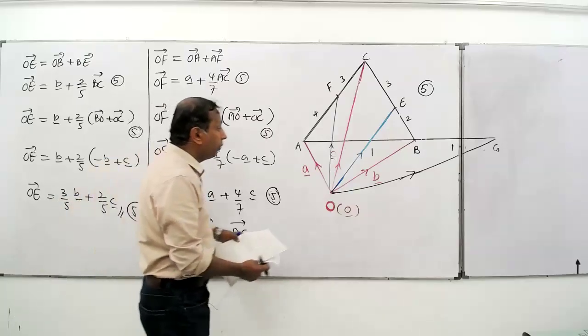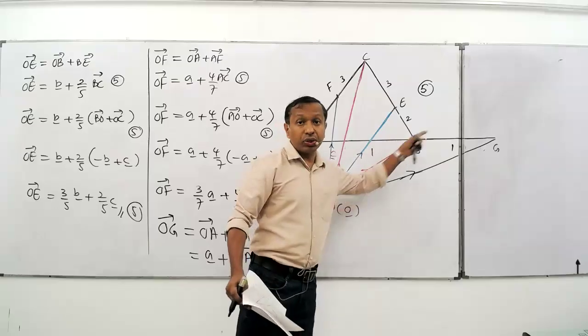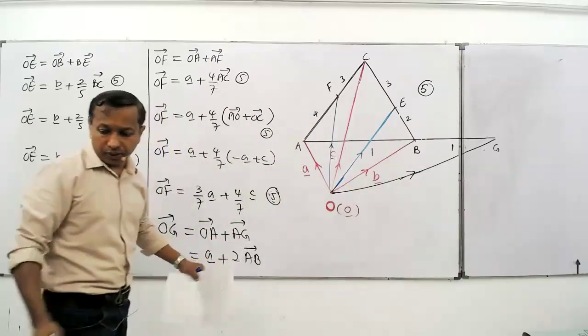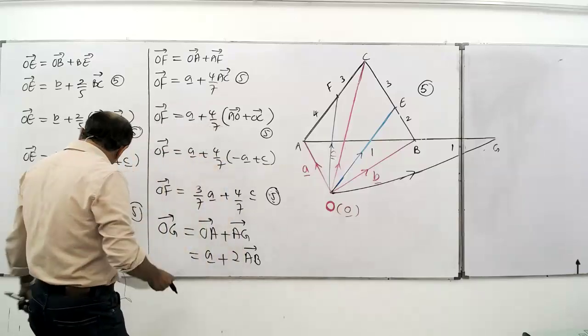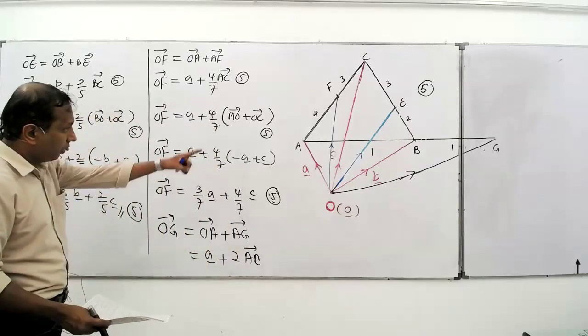This is the midpoint, then AG is 2 times AB. Then AB, we know.